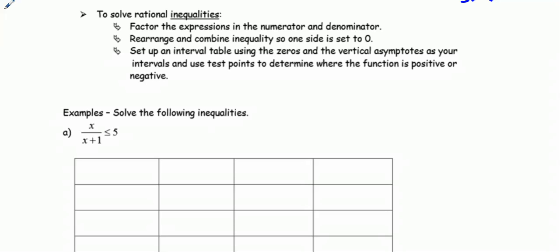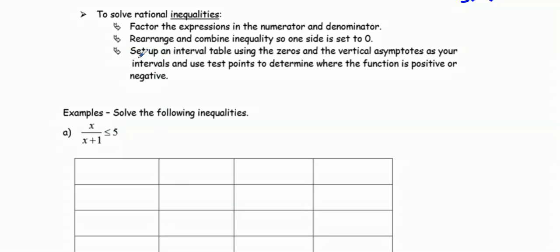To solve rational inequalities, it's a completely different methodology, and you need to recognize that because it almost looks like you can cross multiply this, and if you do that, trust me, you're going to get no marks on a question. So really pay attention to what the sign is between these rational expressions.